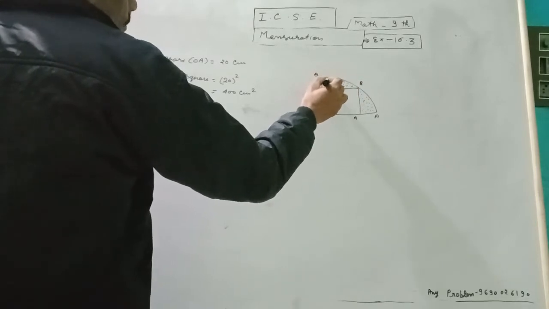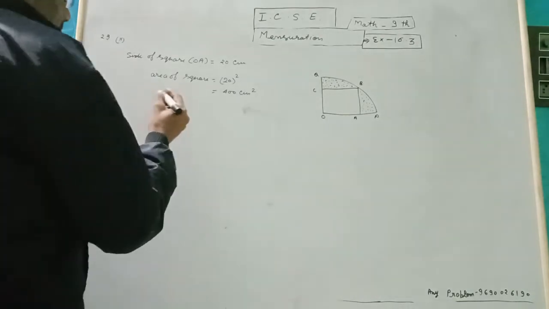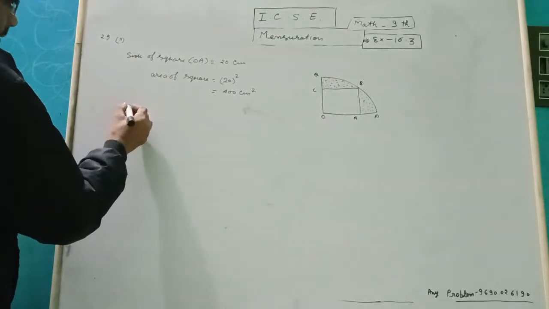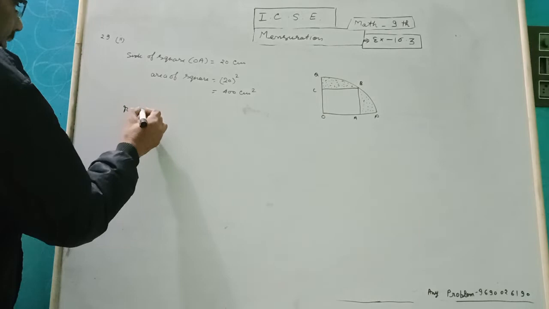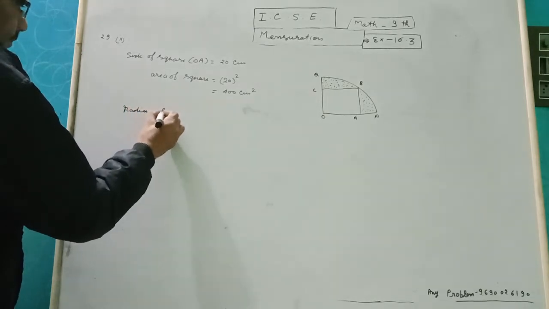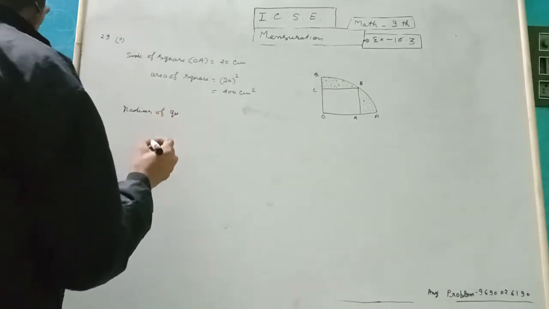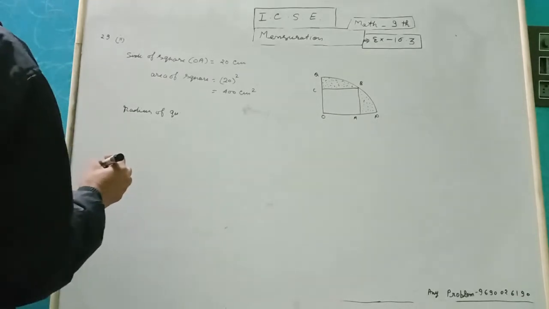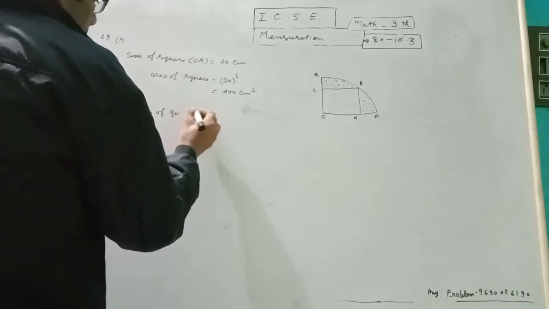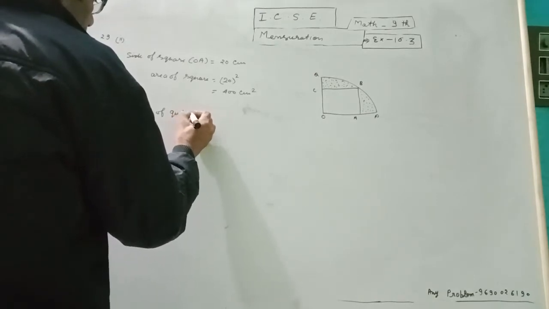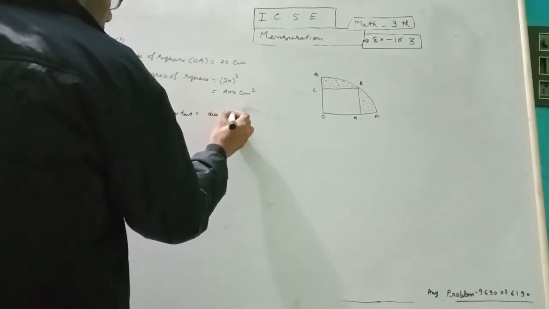Now find the area of the quadrant. At first find the radius. Radius of the quadrant is equal to the diagonal of the square.